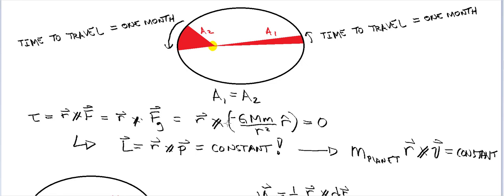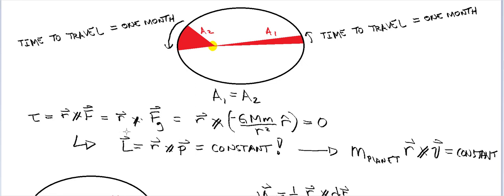Well, you probably remember that a force exerted over time is going to change the linear momentum, right? That's our impulse. A torque, instead of a force, a torque exerted over time is going to change our angular momentum. And so what that tells us is that the angular momentum, r cross p, is going to be constant.